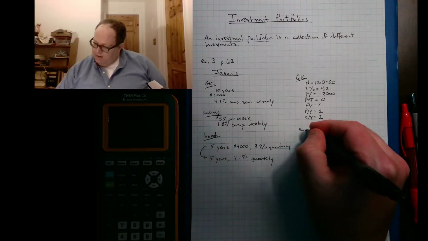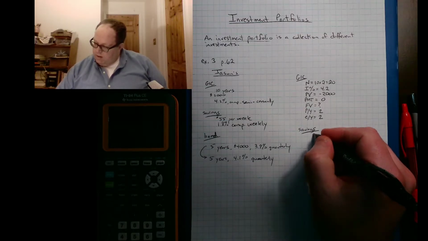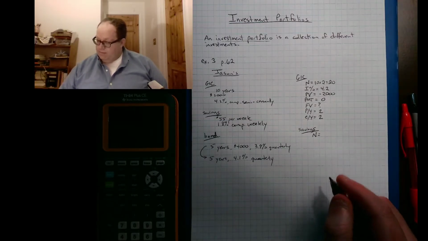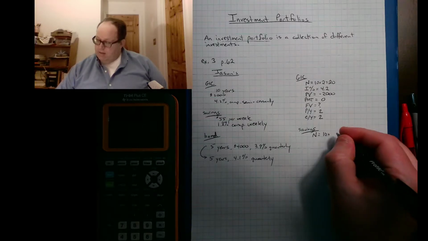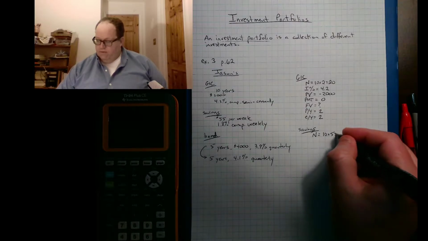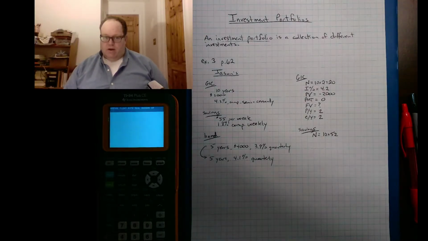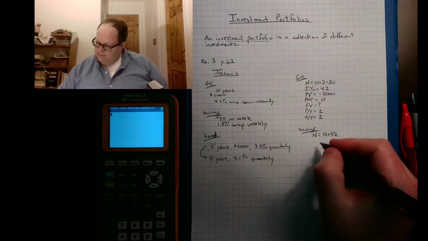For the savings, now this is weekly for 10 years, so our N is going to be 10 times 52, that being the 52 weeks there are in a year. I'm still double checking that it's 52 because my brain hurts a little bit. 52 works.